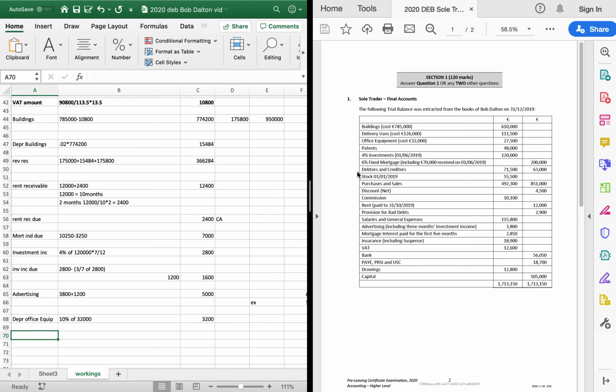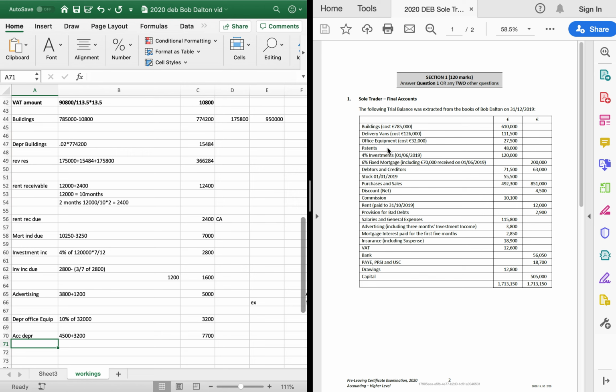And then your accumulated depreciation is 4,500 plus the 3,200, which is 7,700. Okay, so that should be it.